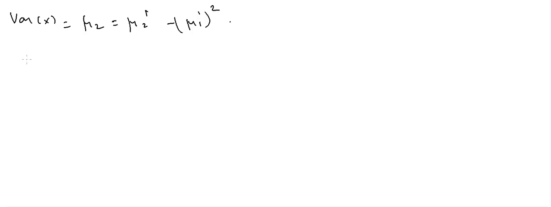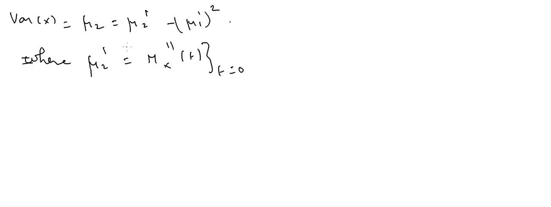So how can you derive it? mu2 dash equal to Mx double dash of t at t equal to 0. So a one-time derivative we have in our hand.